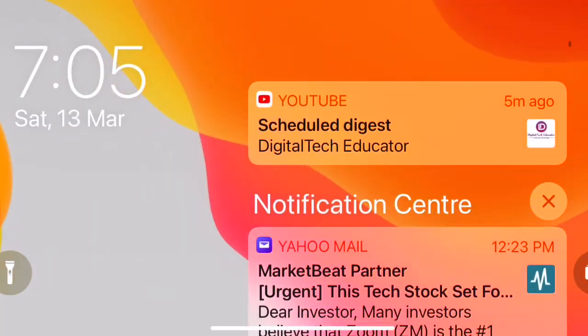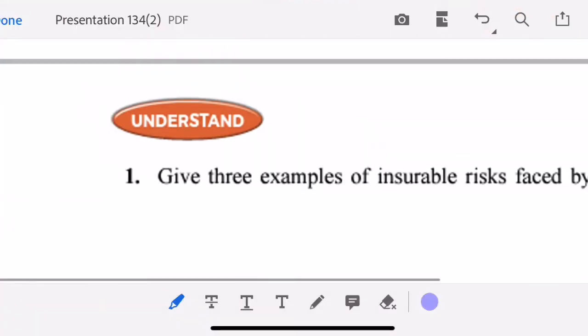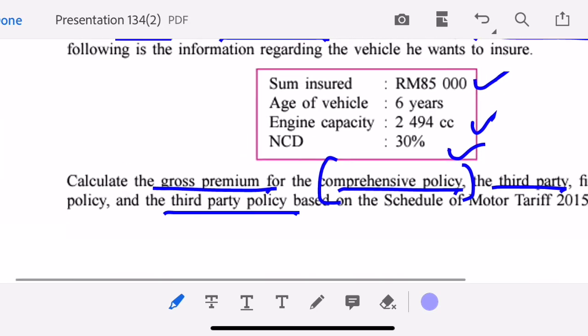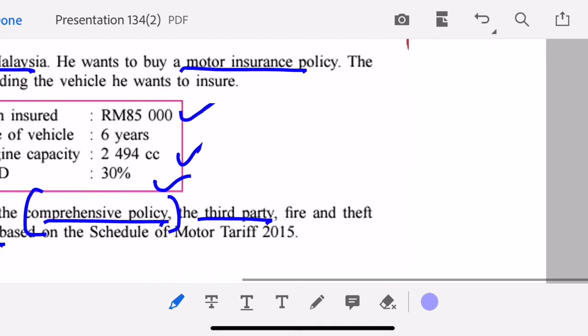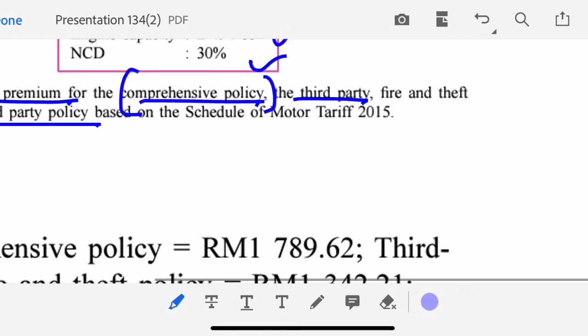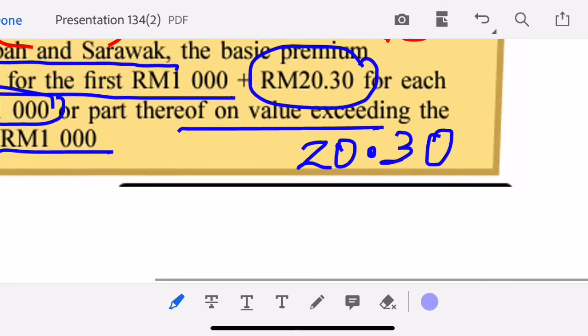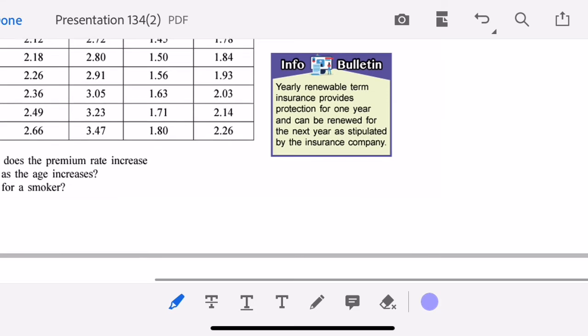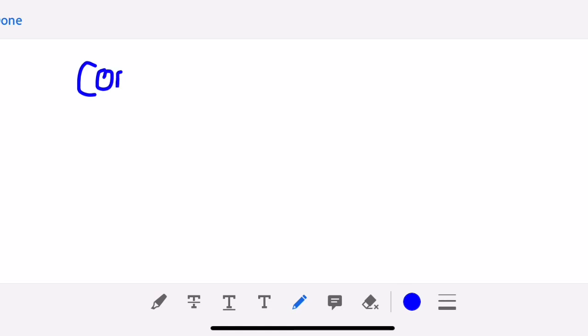Now I'm going to show you how to do the calculation for the comprehensive first. Okay, for comprehensive, we have three types.